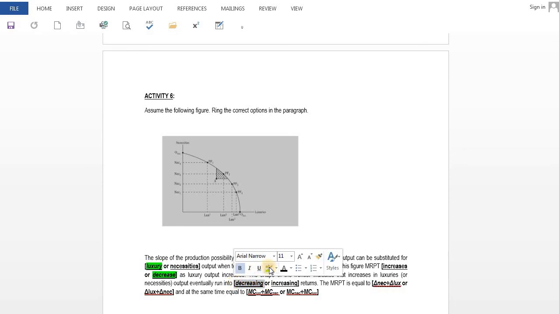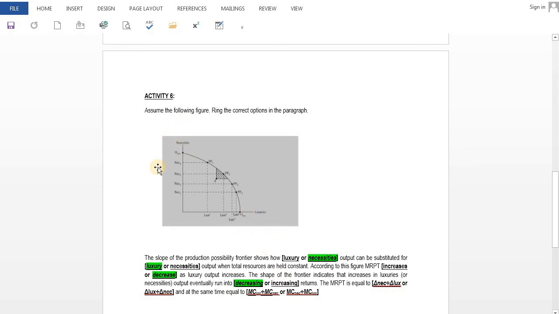Then we move over to the last question. It says the marginal rate of product transformation is equal to, and now we're looking at it in terms of the slope. Remember I said, because we have necessities and luxuries, there is a change in necessities over the change in luxuries. So that is the slope.